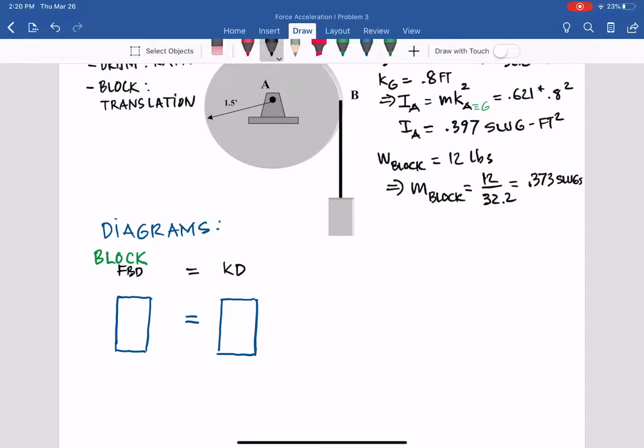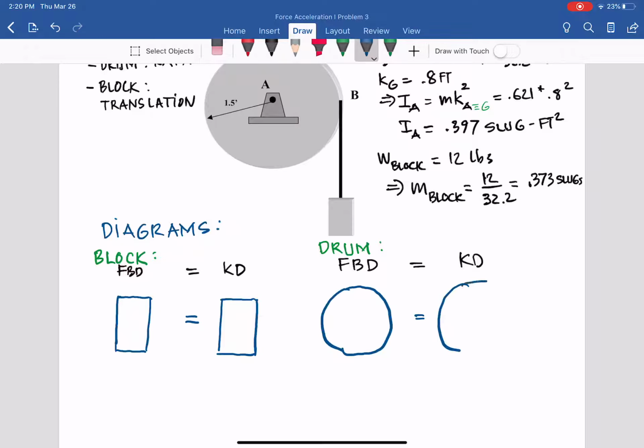And then for the drum, you also have the same, free body diagram equal to kinetic diagram. So what does that mean? In here, the drum equals the drum, block equals block. So keep that in mind when you do this.